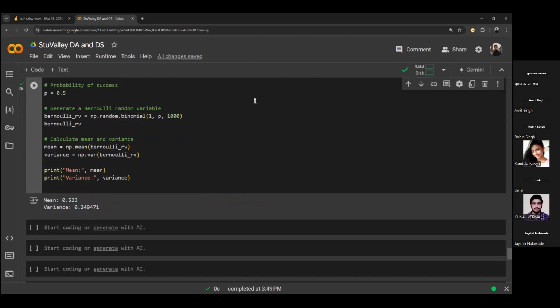And what is the variance by definition? Anybody tell me? What is variance? Deviation. Variance is the data deviated from the mean.